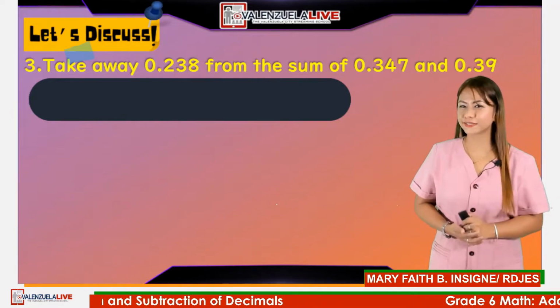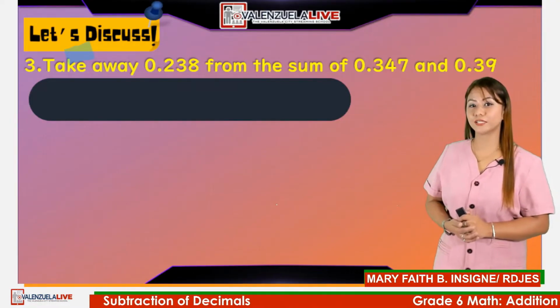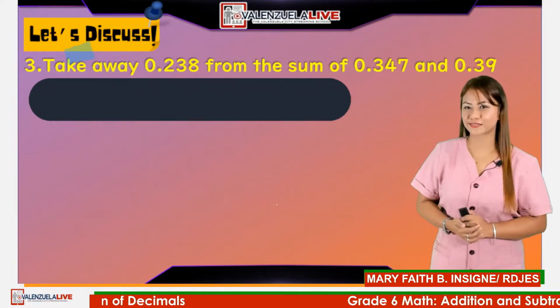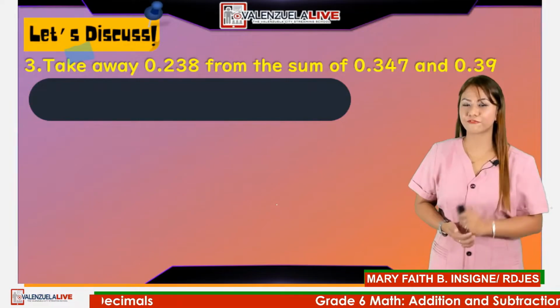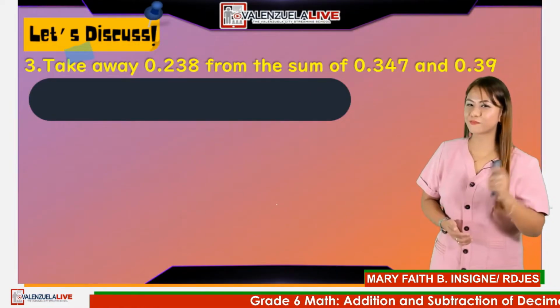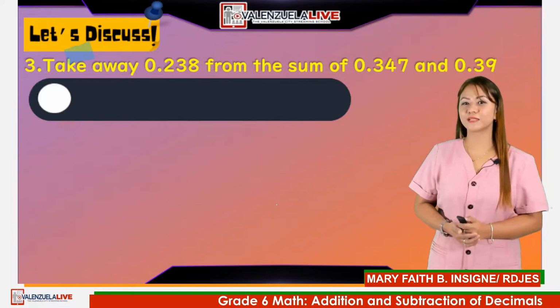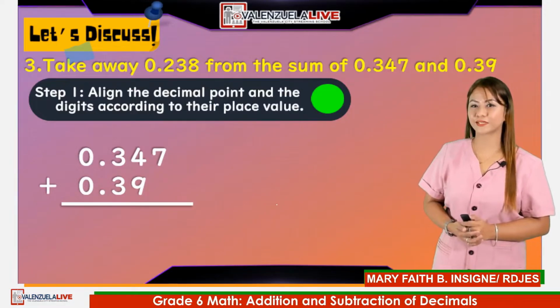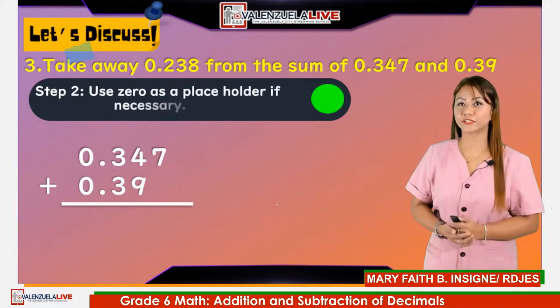And after getting the sum, we need to subtract it from 238 thousandths. Now, let's add first by following the steps in adding decimals. Step 1. Align the decimal point and the digits according to their place value. Use 0 as a placeholder if necessary.